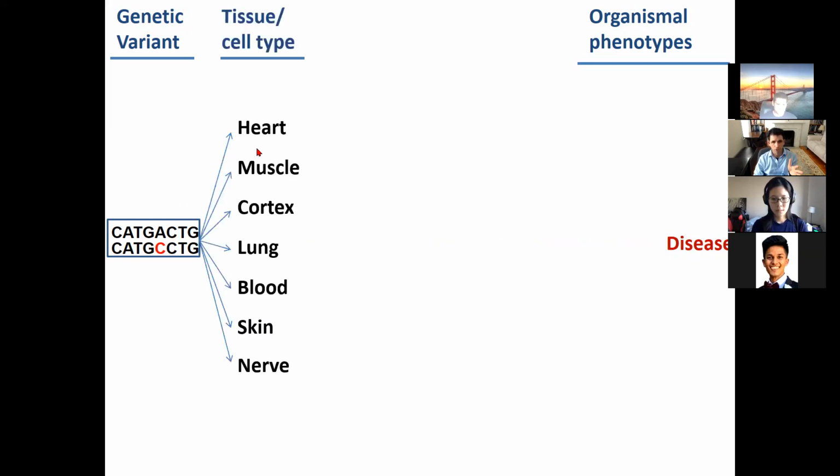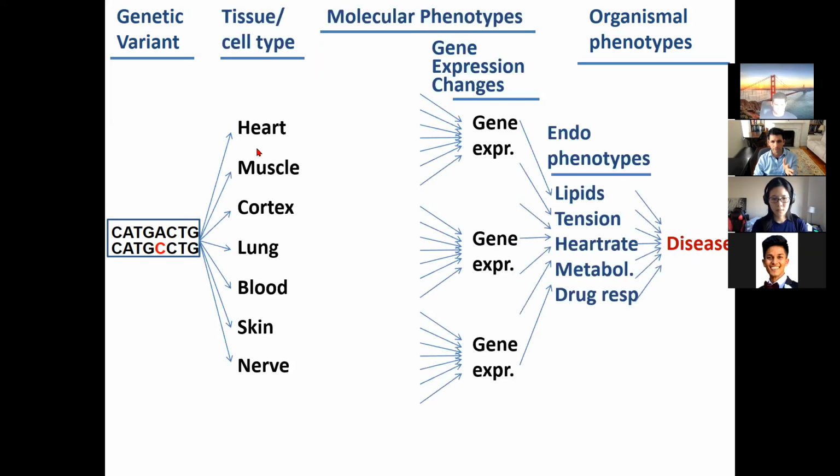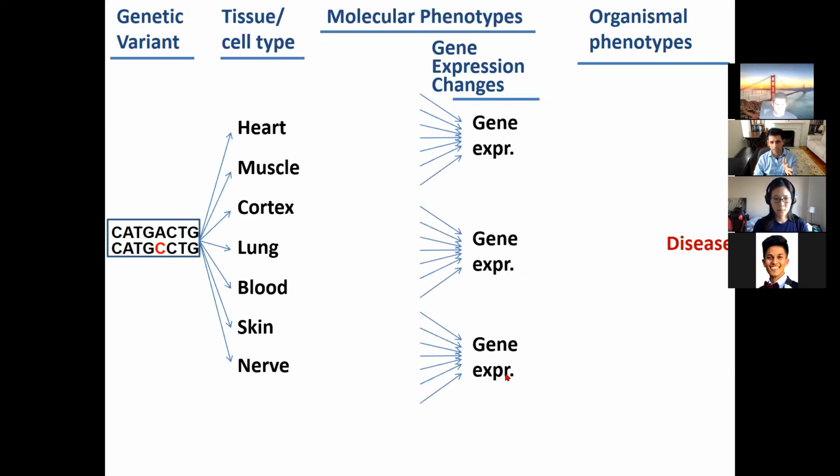Instead, by bridging that large gap and identifying what are the genes whose expression in specific tissues is altered by these SNPs, then we can have a stronger effect. Why is that? Because there are hundreds of genes that are contributing to the disease phenotype.